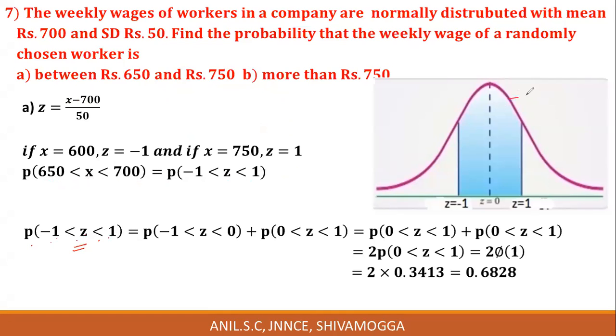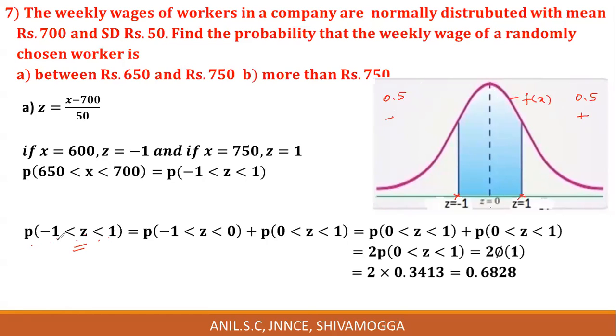This is f of x. On this side we have half of the area under the curve, and on this side the other half. This is the positive side of Z and this is the negative side of Z. This is the point Z is equal to minus 1 and this is the point Z is equal to plus 1. The curve is symmetric about the straight line Z is equal to 0.